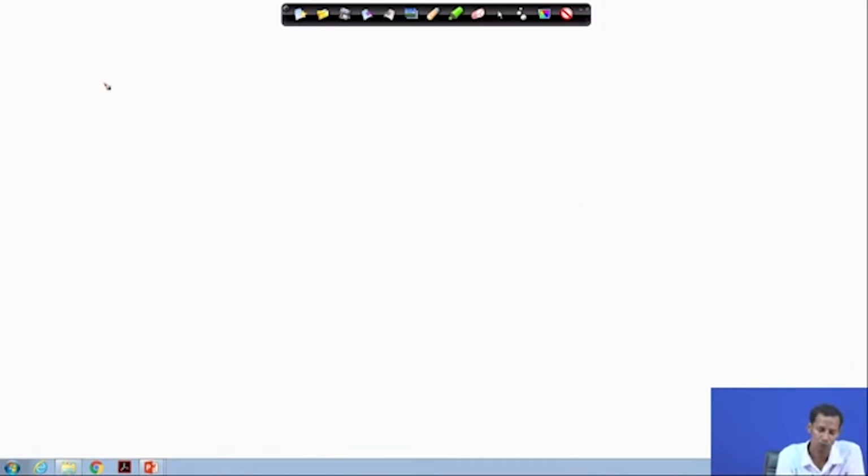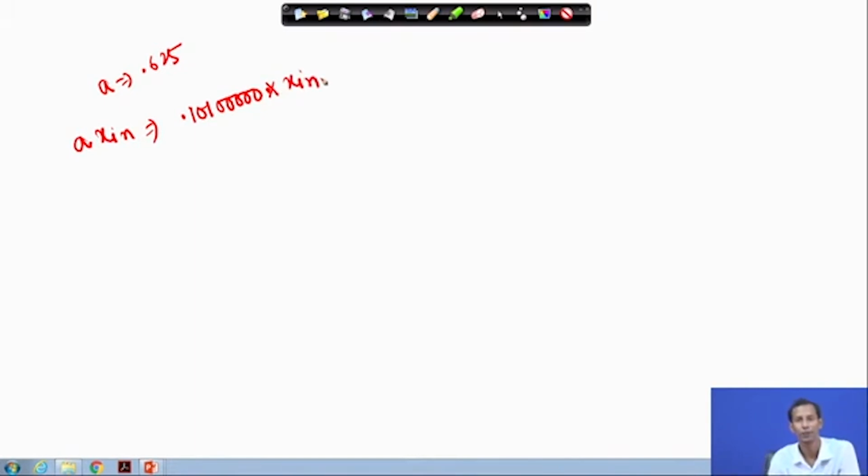Suppose the value for A is 0.625. Now, if I want to compute A into x in, at that time its value will be 0.1010000 into x in, something like this.